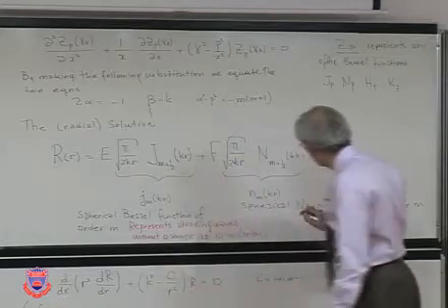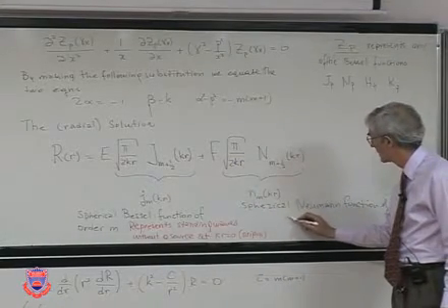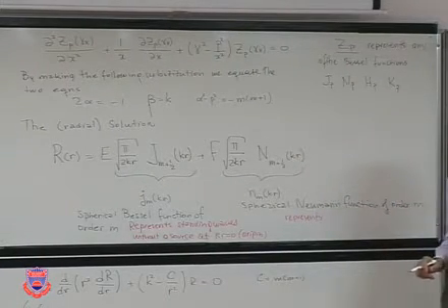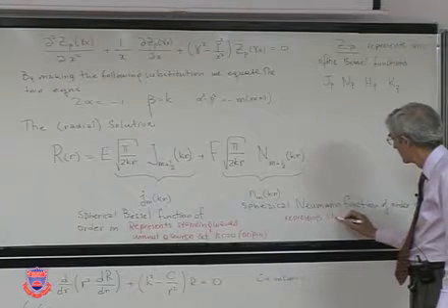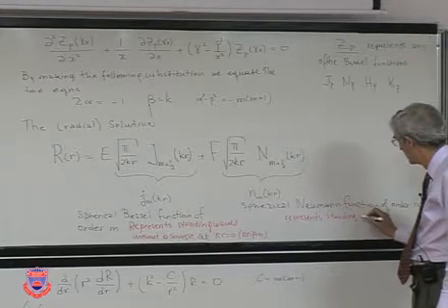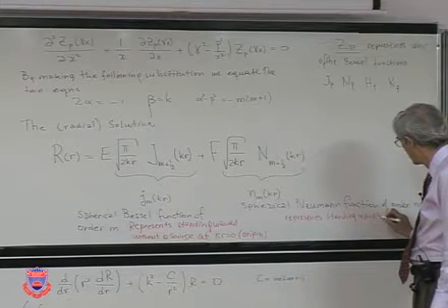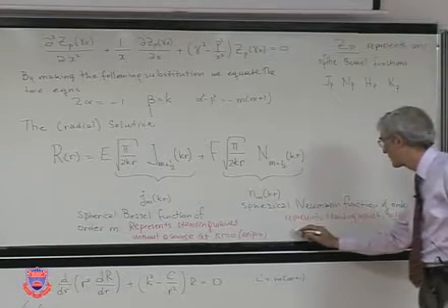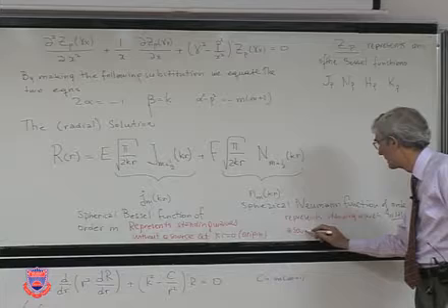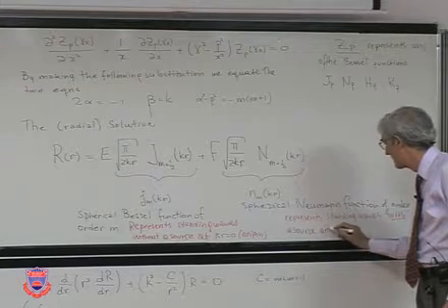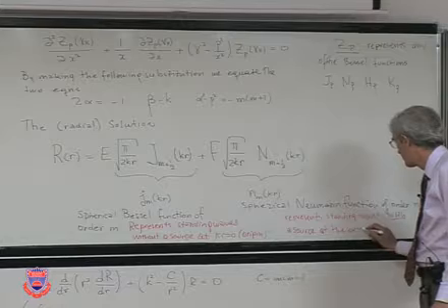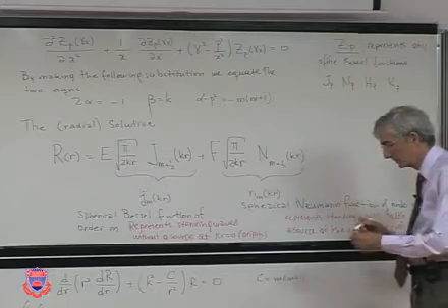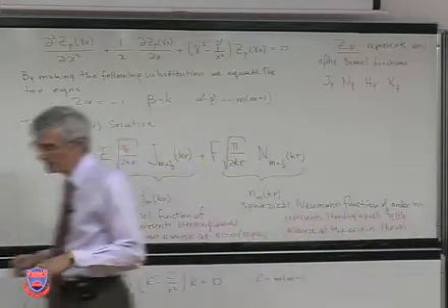Whereas the spherical Neumann functions represent standing waves with a source at the origin, at KR equals 0.